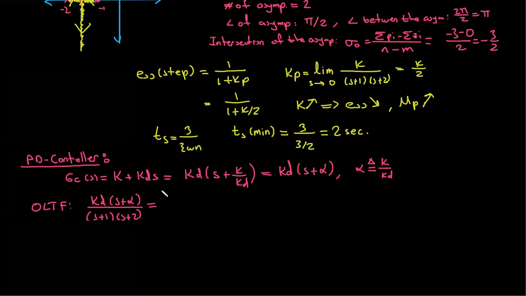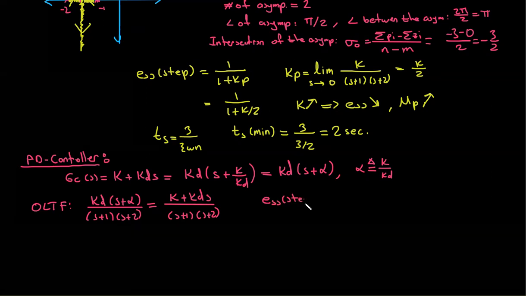And this is equal to the PD control, right? So it is (k plus kds) divided by (s plus 1) times (s plus 2). Okay, so let's first investigate what happens to the steady state error to step input. Let me write down the steady state error to step input.